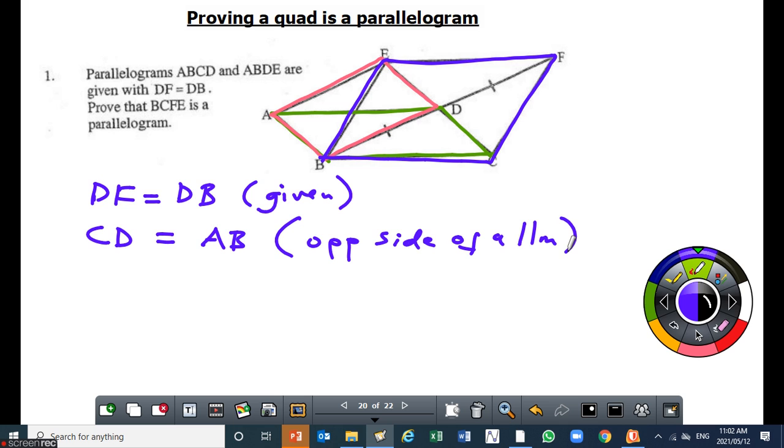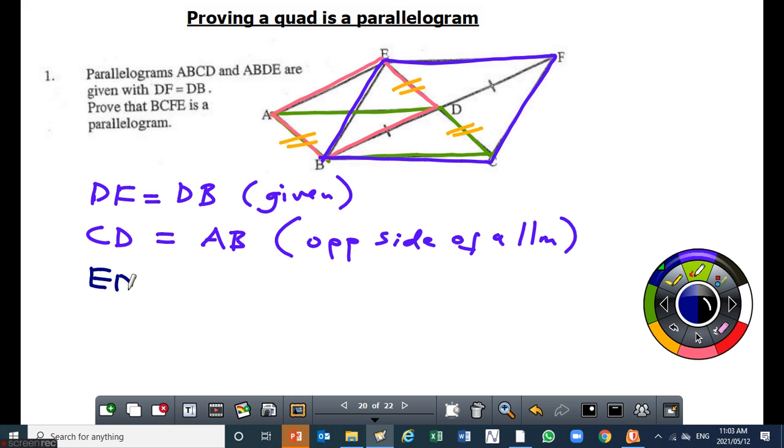What that means is this length here, CD, is equal to AB and AB is equal to ED. So let's carry on. Since I've got CD equal to AB, I'm going to say ED is equal to AB, and my reason is the same: opposite sides.